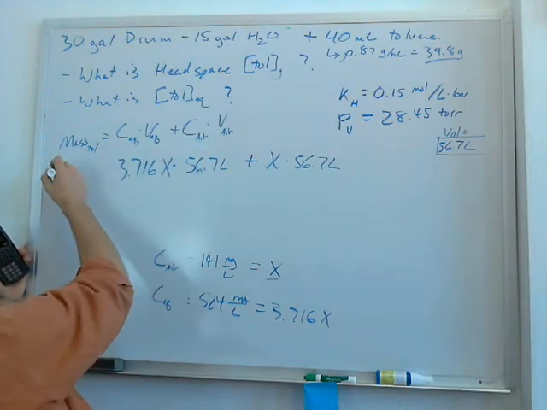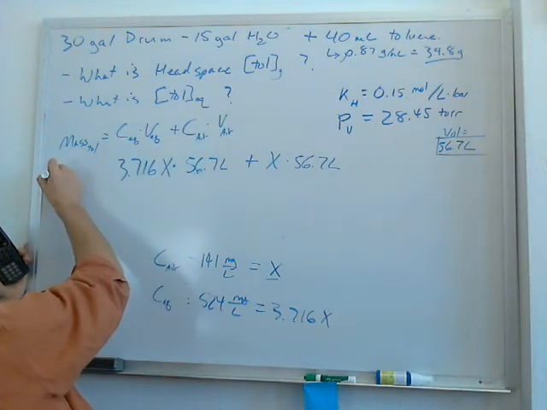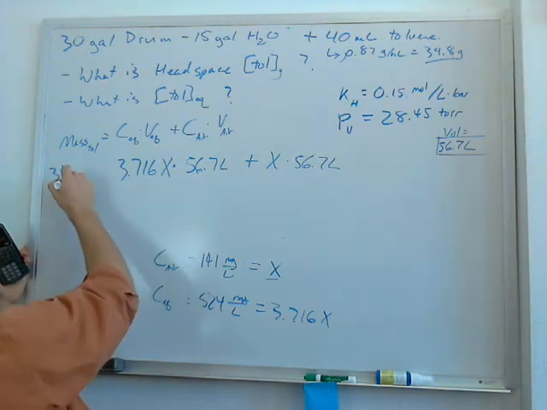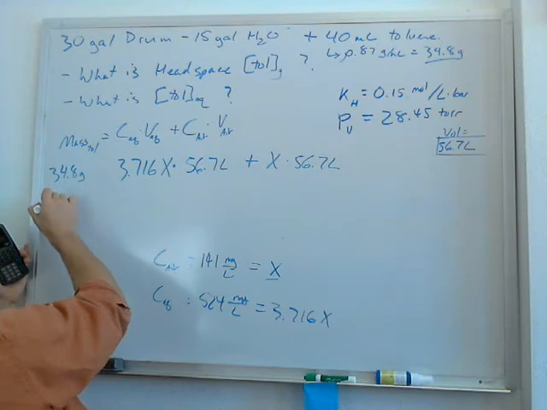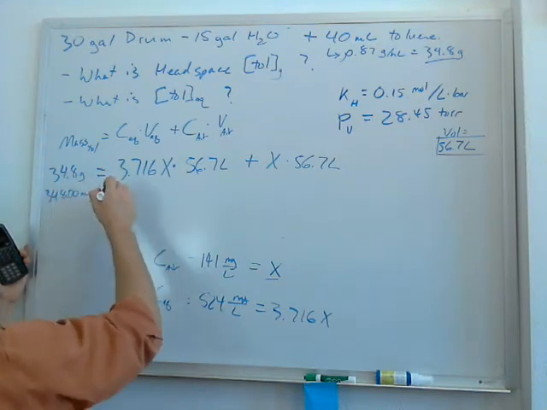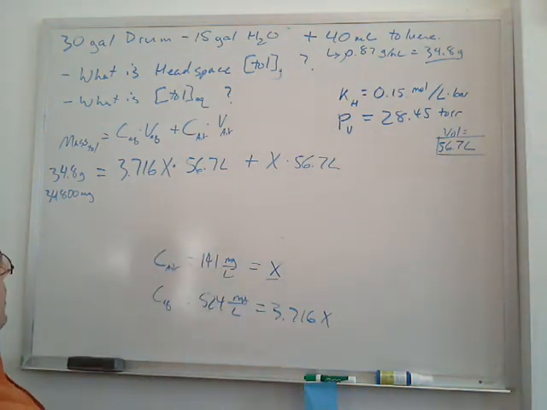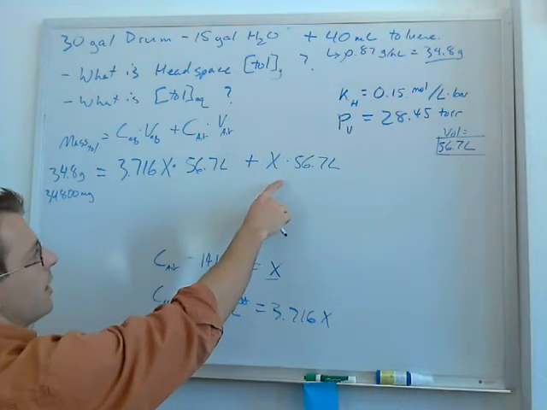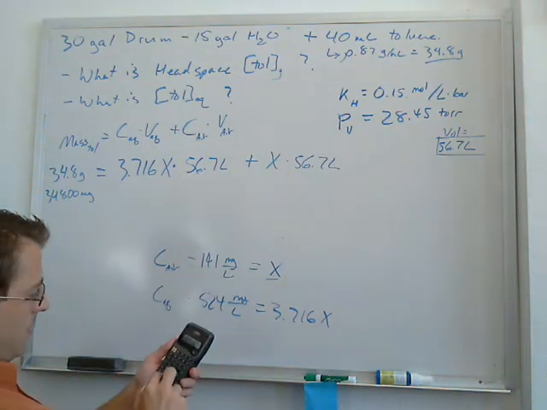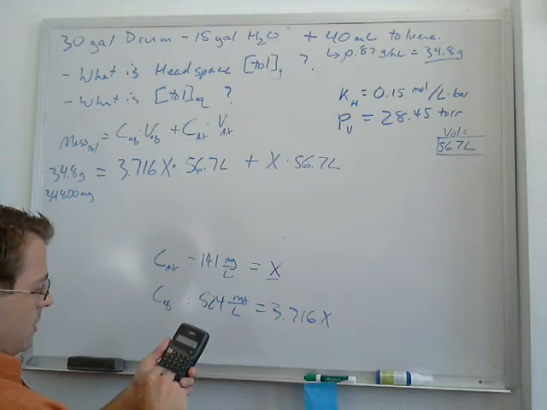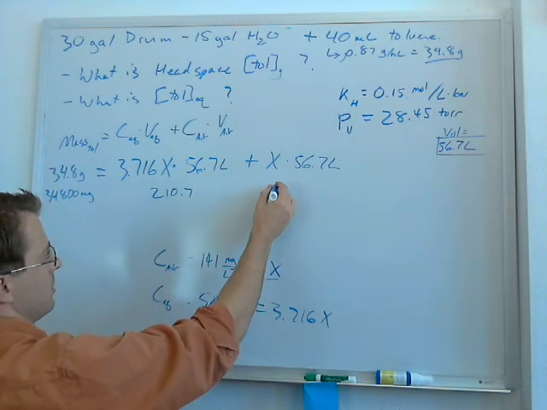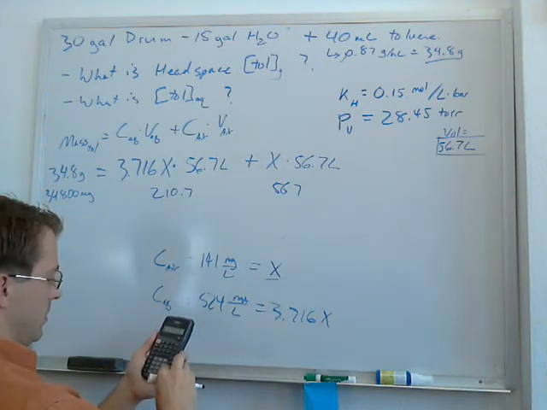And we know that we have 34.8 grams, or 34,800 milligrams, input into the system. So we combine this, we do our algebra here, 56.7 plus 3.716 times 56.7. This equals 210.7, plus just 56.7.